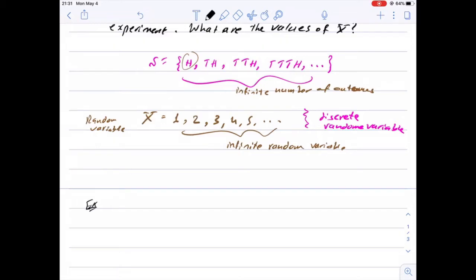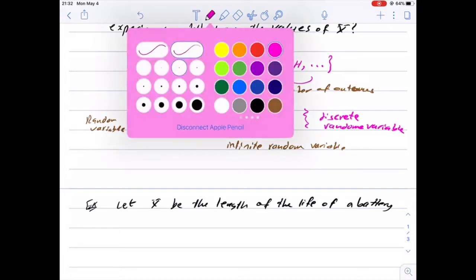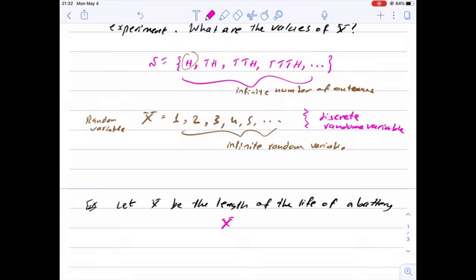Another example, let X be the length of the life of a battery. Here, in this case, the random variable X takes values from 0 to infinity.